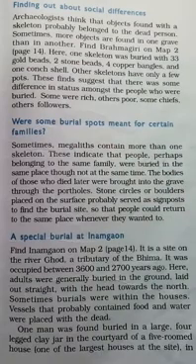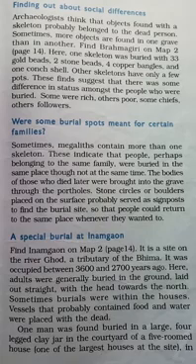Finding out about social differences. What are the social differences? That is the society that they were living in. When archaeologists found skeletons, probably belonging to the dead, they also found objects in the graves.